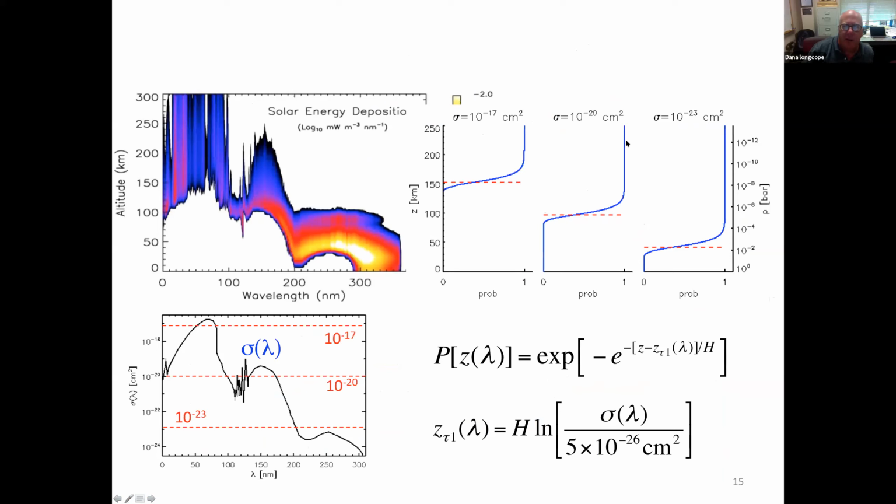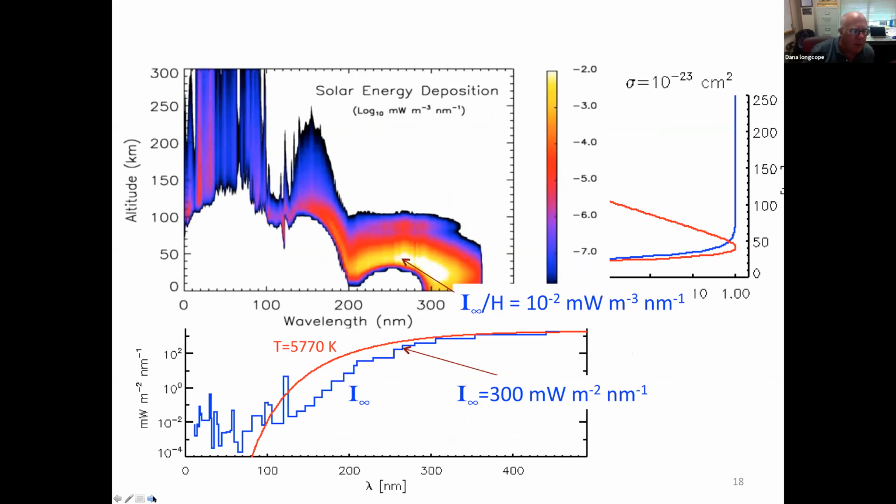So you can see that you have a probability very close to 1 of making it down close to that tau equals 1. And you have a probability 0 of making it very far beyond tau equals 1. And that's because e to the minus tau goes from 1 to 0 as its exponent grows.